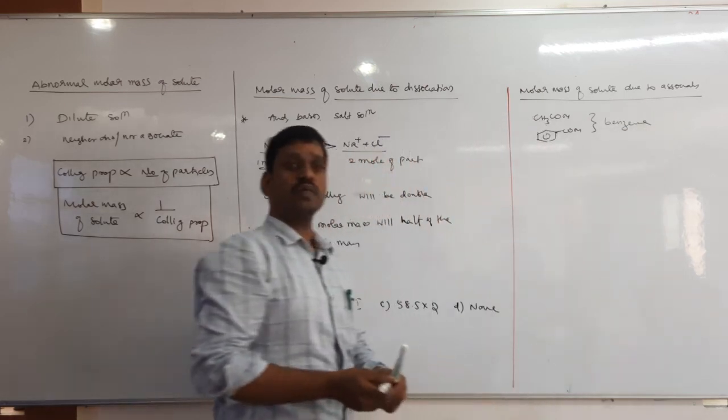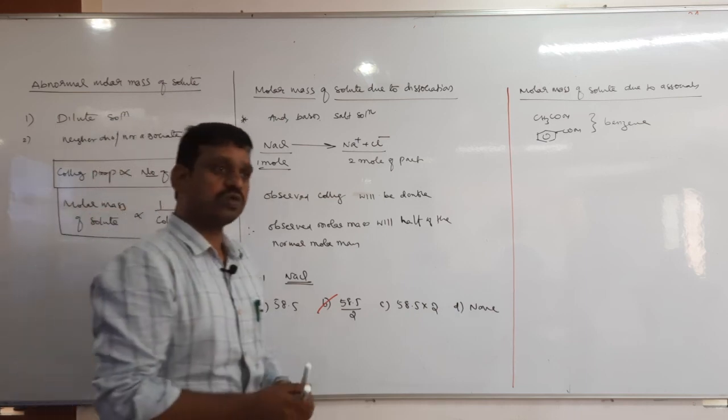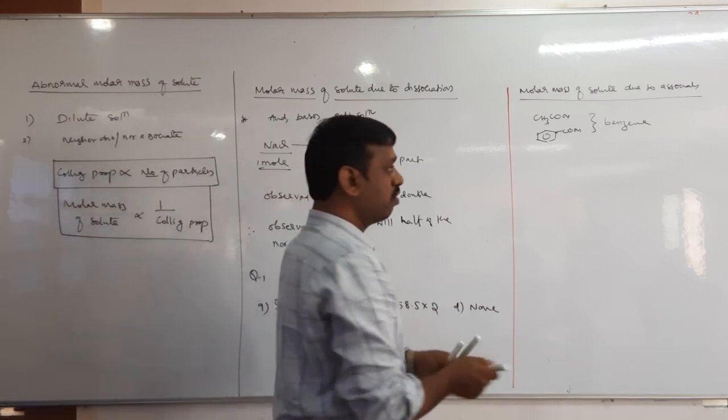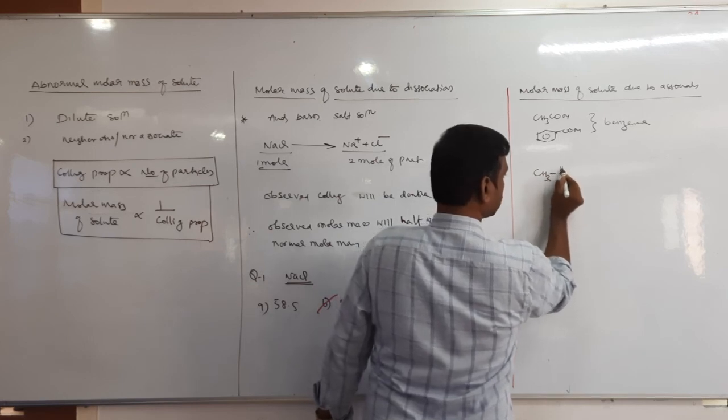In the presence of the non-polar solvent benzene, acetic acid and benzoic acid undergo association and form a dimer. For example, you can take acetic acid.